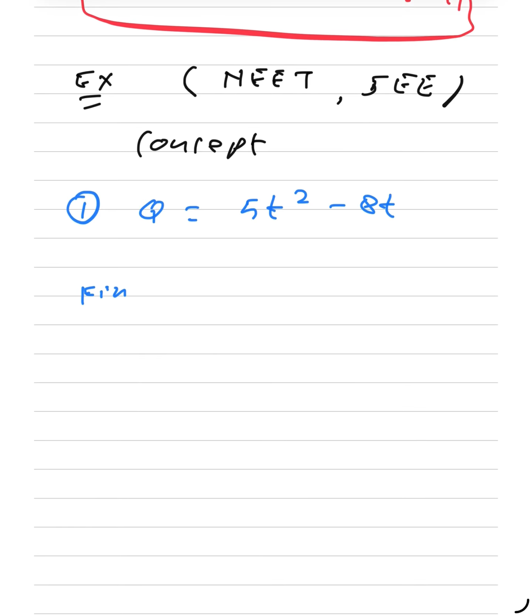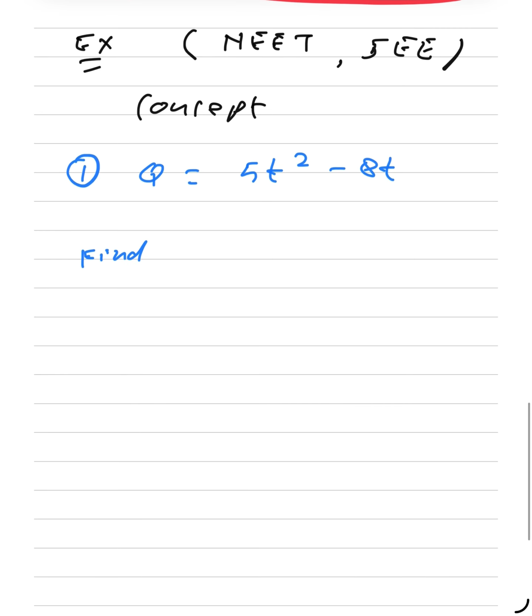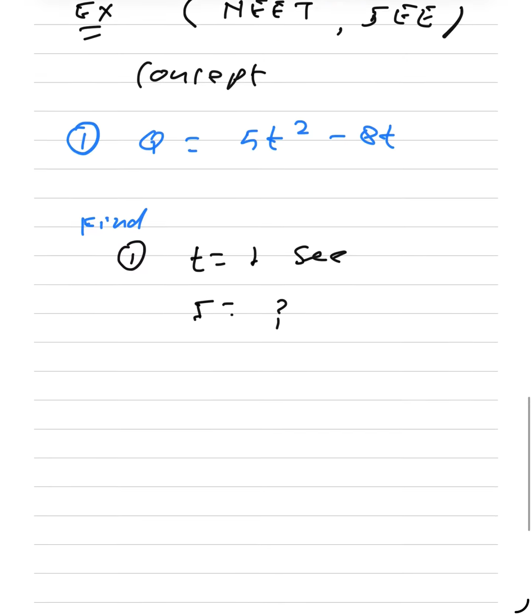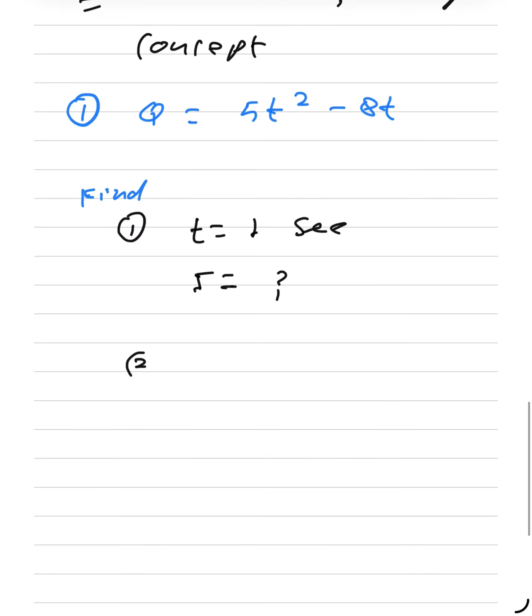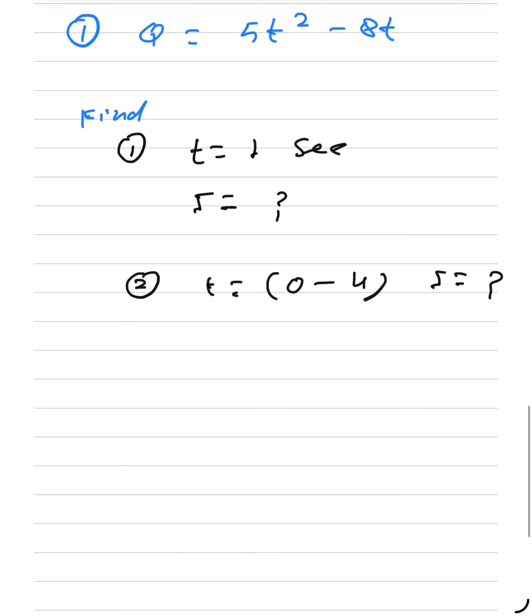This is the electric charge flowing in a conductor. Find, first, the electric current at t equals 1 second, and second, the electric current from t equals 0 to 4 seconds. Solve this problem.